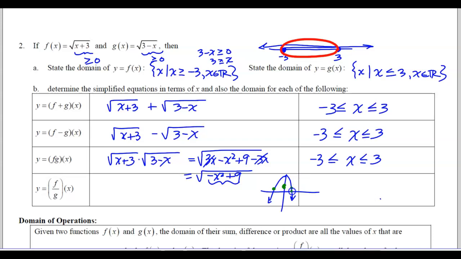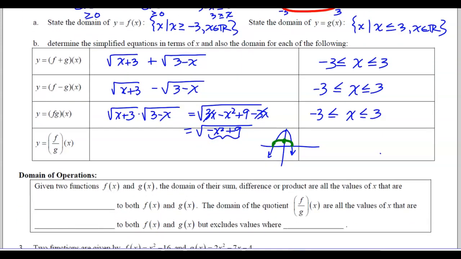Square root of 0 is 0. So you'd have basically something like that, between -3 and 3. You can't take the root of a negative, so any parts that would be underneath will not be included.